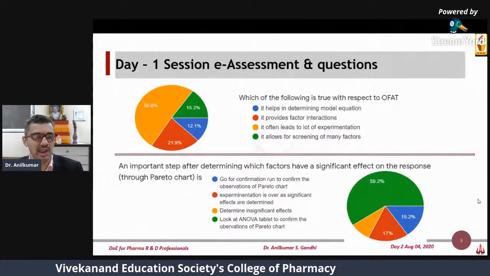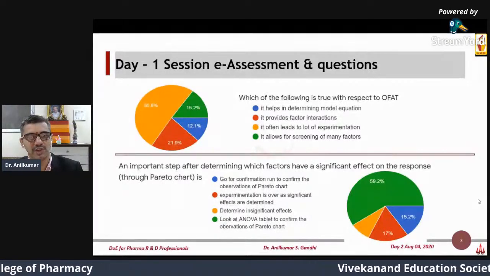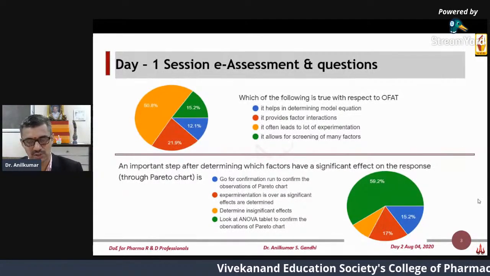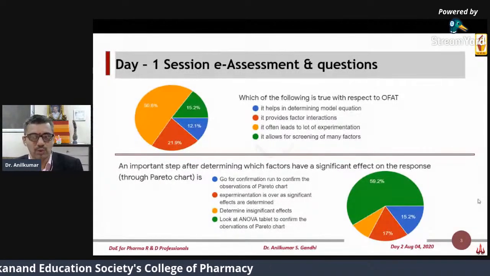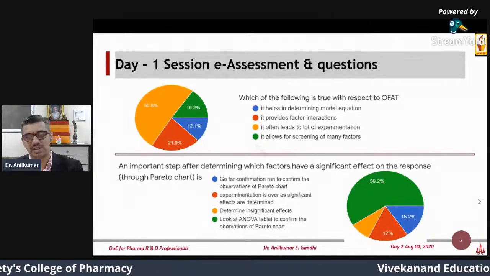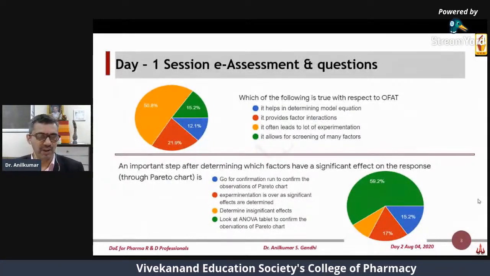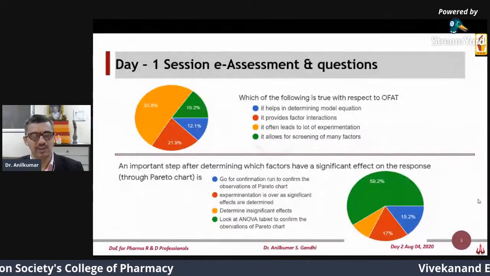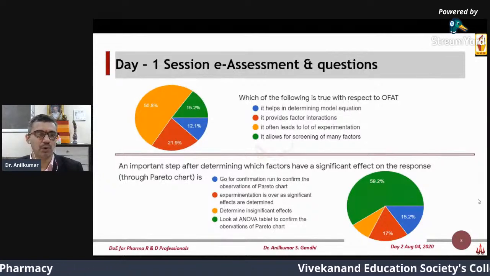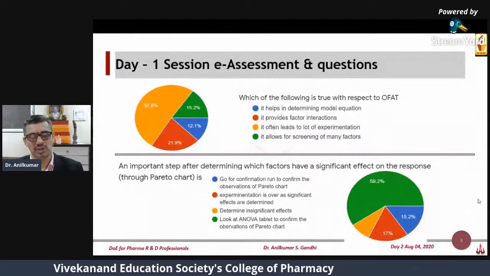However, close to 22% of people said it provides factor interactions. So I just want to clarify that the reason why we don't use OFAT is because it does not provide factor interactions. And what do we mean by factor interactions? We'll see it today. I'll be explaining it in detail, so hopefully it will become clearer what we mean by factor interaction.